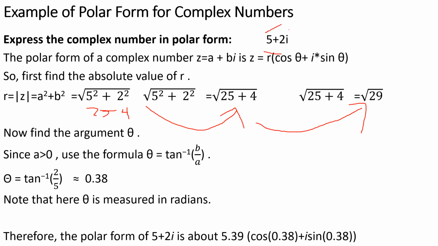Well, remember, if this is x, and this is y, and this is cosine, and this is sine, and we proved last week that tangent equals sine over cosine. We already know our sine. Our sine, we said, is 2i.